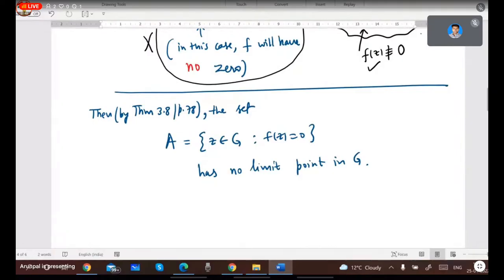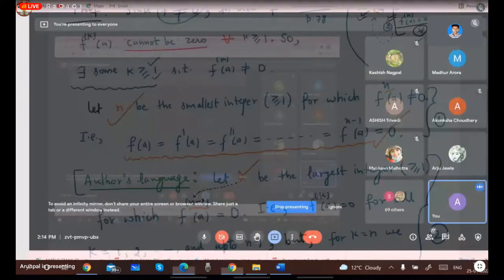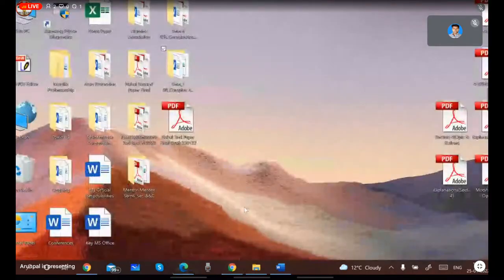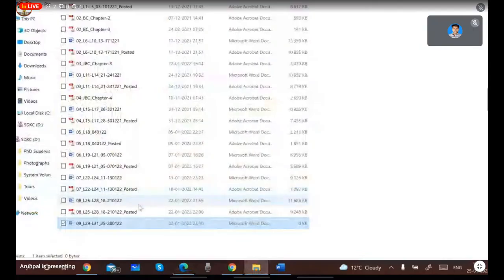The first one was that f is identically equal to 0. Then the second was that this kind of set will have at least one limit point. Do you remember? Yes, sir. Should I show you that result? Just a minute, class. Sorry, here it was.